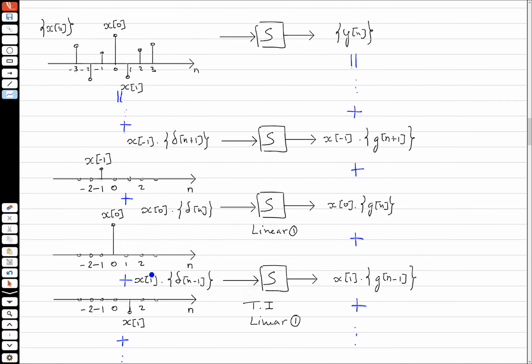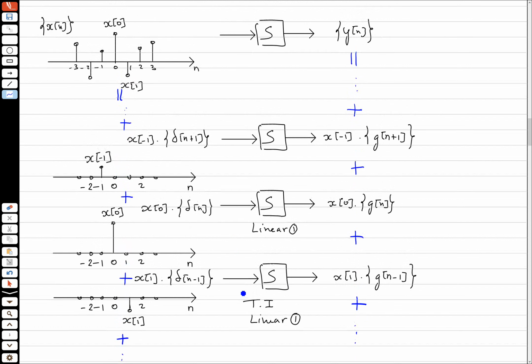I think you get the message. This proves my point. This is the proof. That means I have given you a procedure to predict y of n. I decompose my x of n like that. I know that individually I can find the responses, and by linearity, by recombining these responses, you get y of n, and that's it. Proof is done.